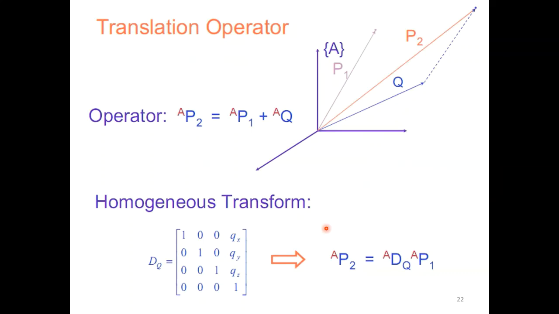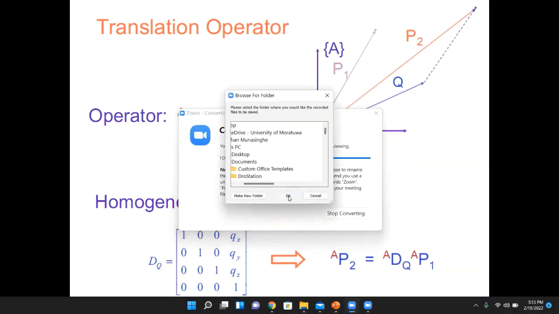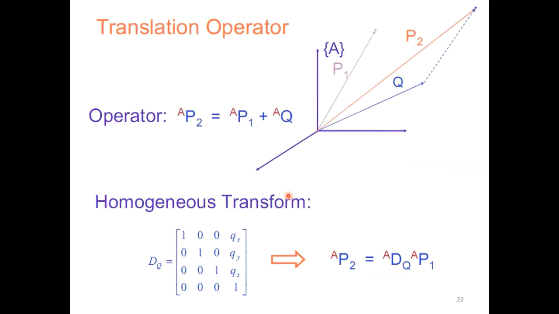Now, if you put the translation only, if you look at the translation, which is the linear displacement, the operator you can write like this: AP2 is equal to AP1 plus AQ. So AP1 is the vector before the translation, AQ is the translation.